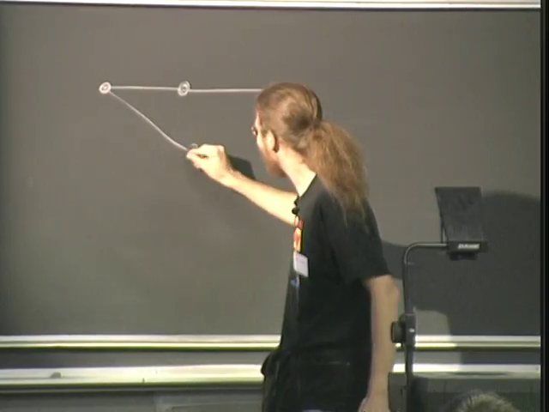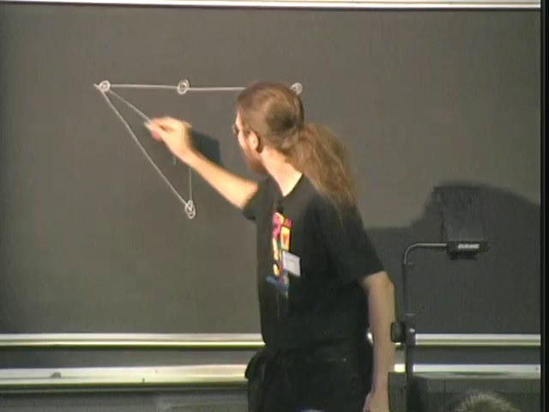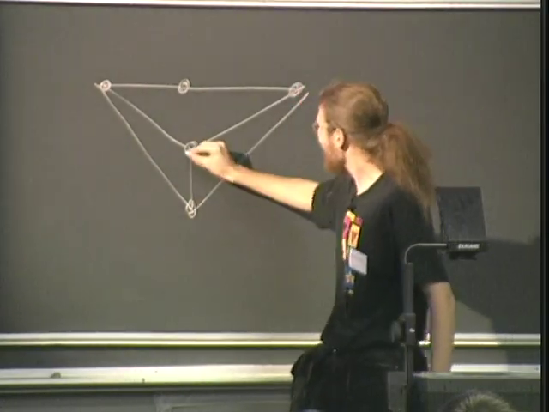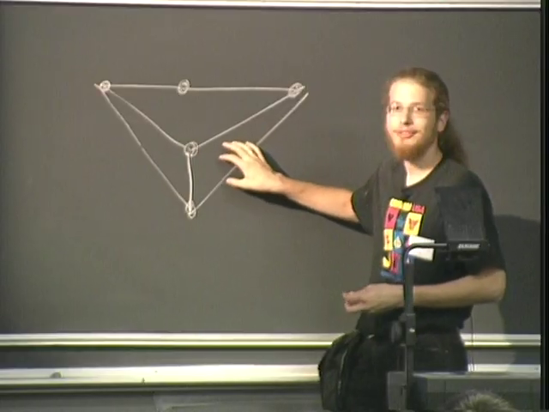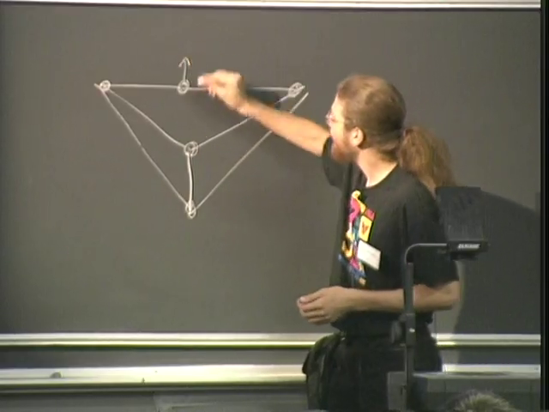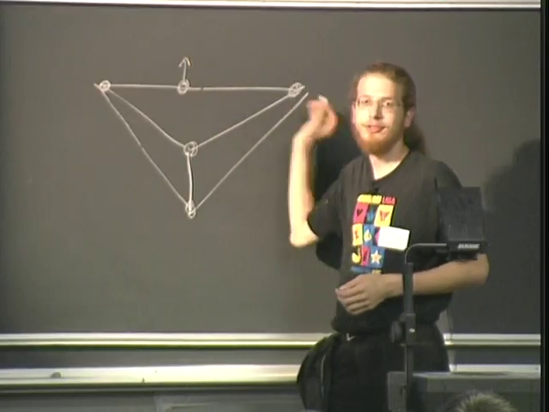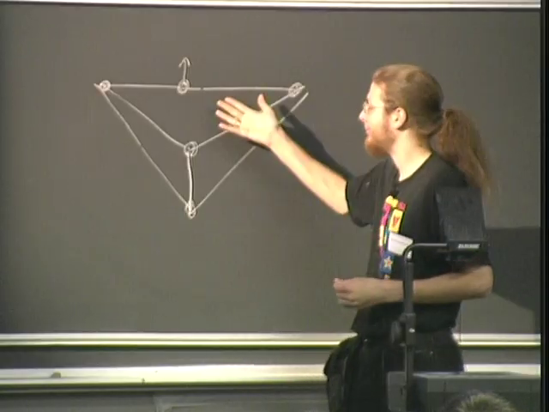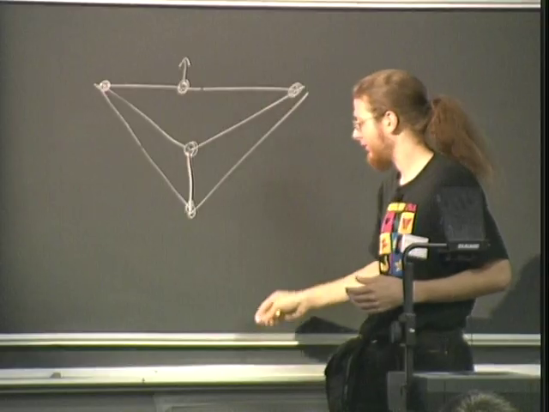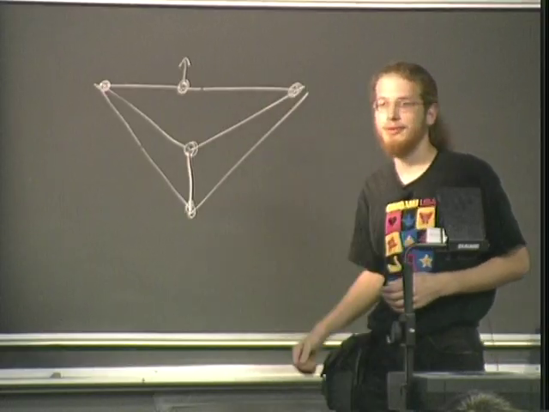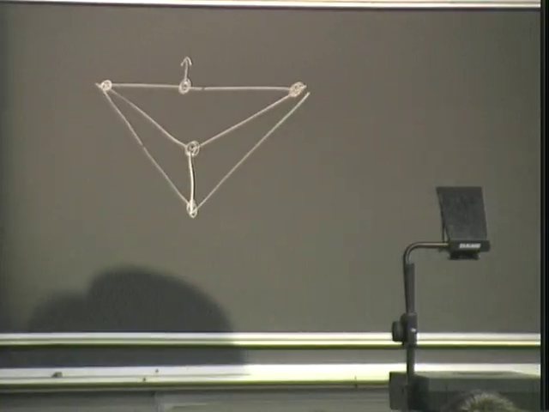Let's see. Good. These triangles make the whole thing rigid. This vertex can move infinitesimally in that direction, and these edge lengths don't change. But you can't actually move this because the whole thing is taut. It's generically flexible, but in this particular configuration, it's not flexible.